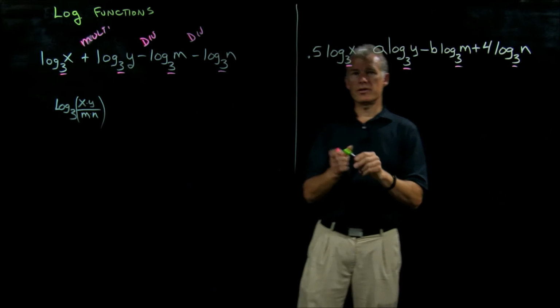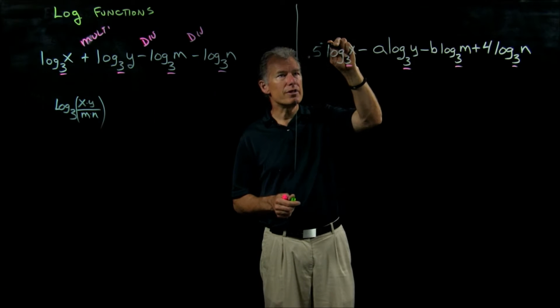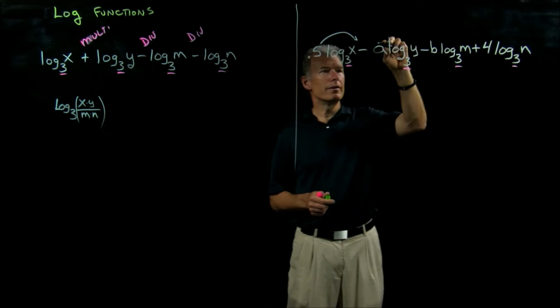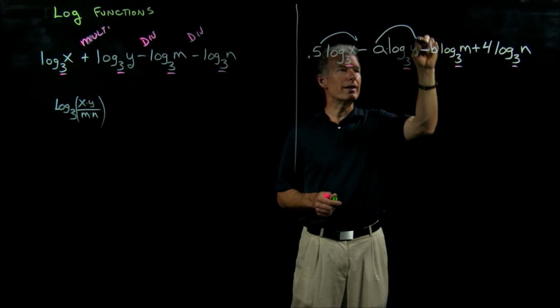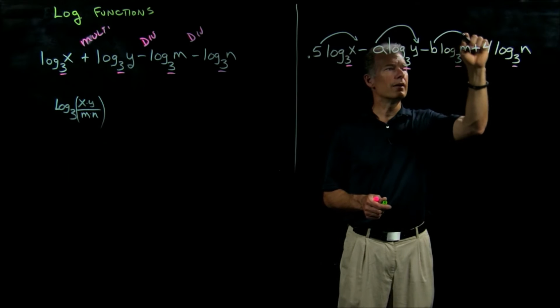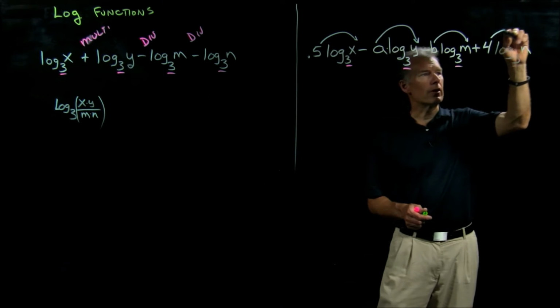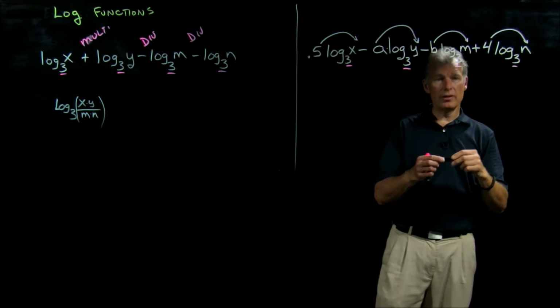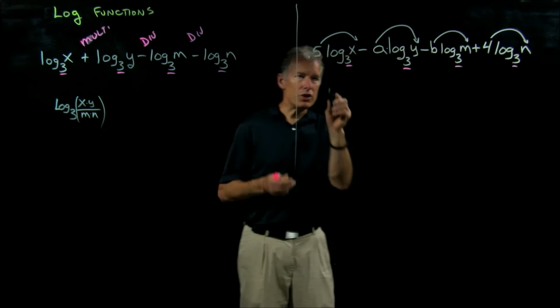So let's use the exponent rule first. You can see this can come here. This is a times the log, so a can become an exponent. The b can become an exponent, and the 4 here can become an exponent. So let's just rewrite that with those changes.